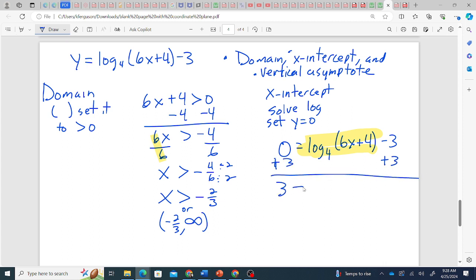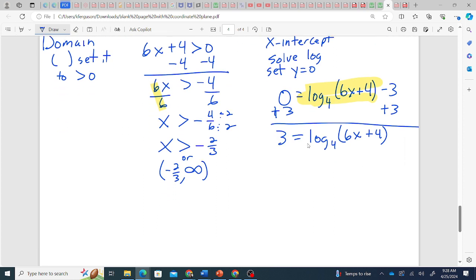So now I got 3 equals log base 4 of 6x plus 4. And now what's my next step? All right, I'm going to exponentiate with a base of 4. Now, that's a fancy way of saying that what I have there right now is going to become my exponent, and 4 is going to be my base.